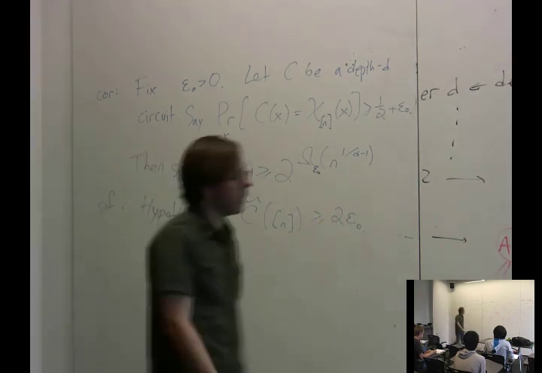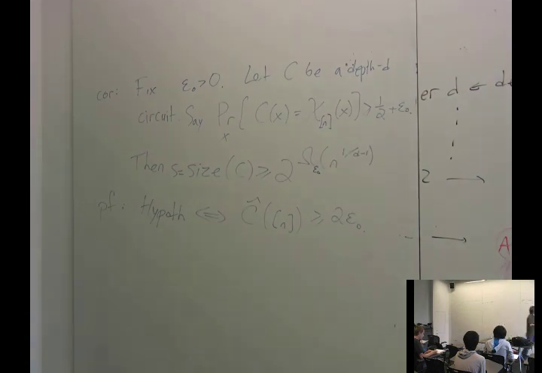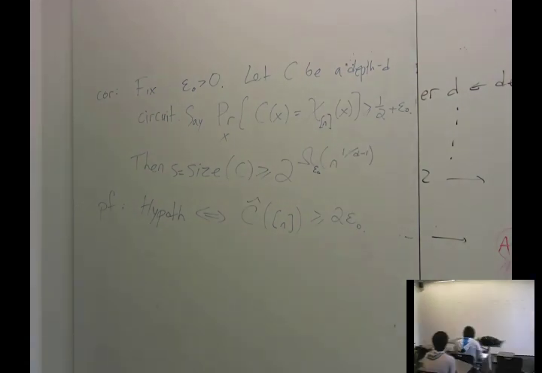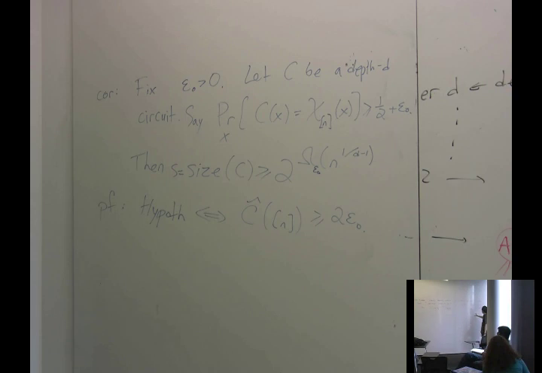But we know that all but, I don't know, 1 minus epsilon naught of your Fourier spectrum is below degree, like log s to the d minus 1.